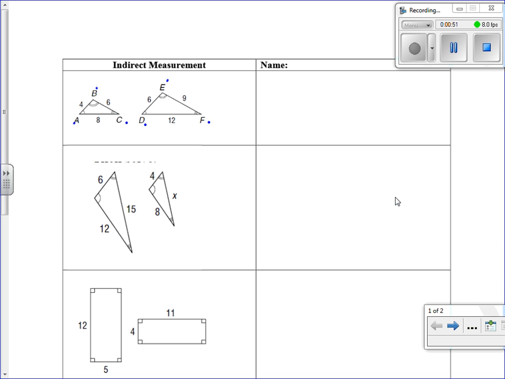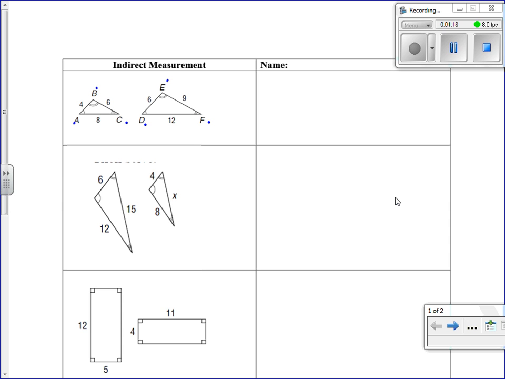You can see that angle B and angle E have the exact same angle measure, and angle A and angle D have the exact same angle measure, and angle C and angle F have the exact same angle measure. The only difference is one is either larger or smaller than the other. So that's what similar means. The exact same shape, exact same angle measurements, just different sizes.